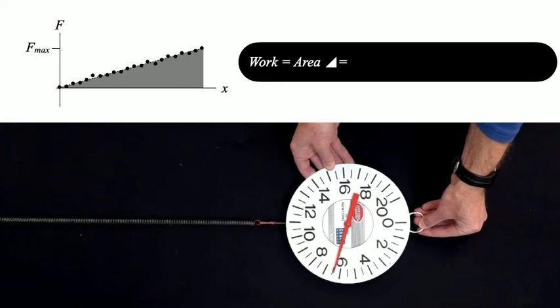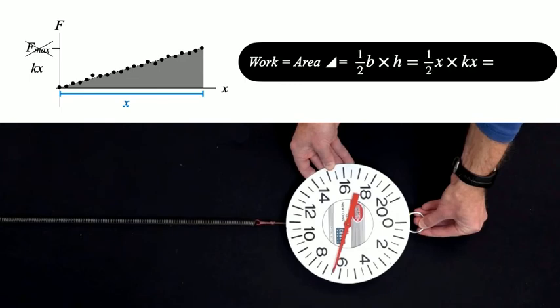Hooke's law lets us replace F max with k times x. We can leave the base of this triangle alone and let it just be a variable x. The formula for the area of a triangle, which we have here, is 1/2 base times height.